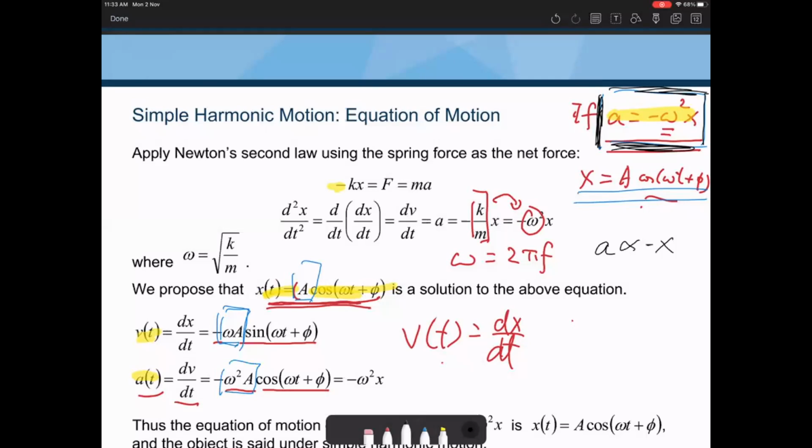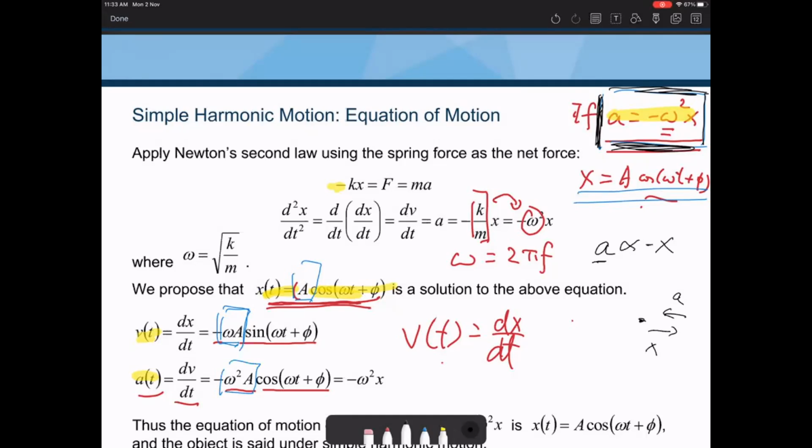Otherwise, when you have a positive acceleration with positive displacement, the objects would just accelerate away from the equilibrium position. Only when you have the a proportional to minus x, then the acceleration would try to bring the object backward when the displacement is into the positive x direction.